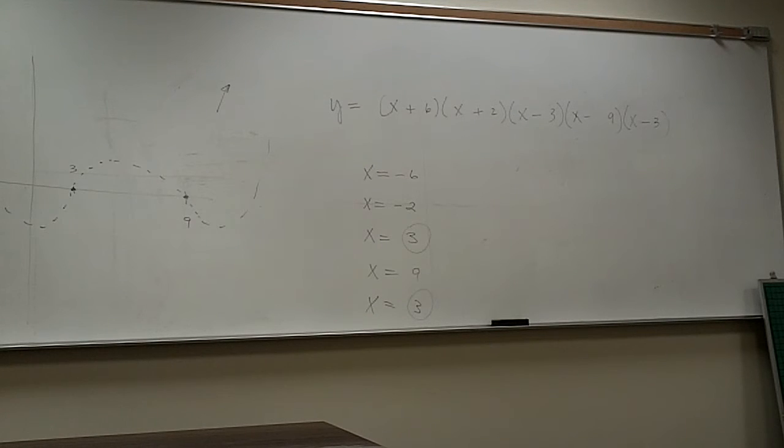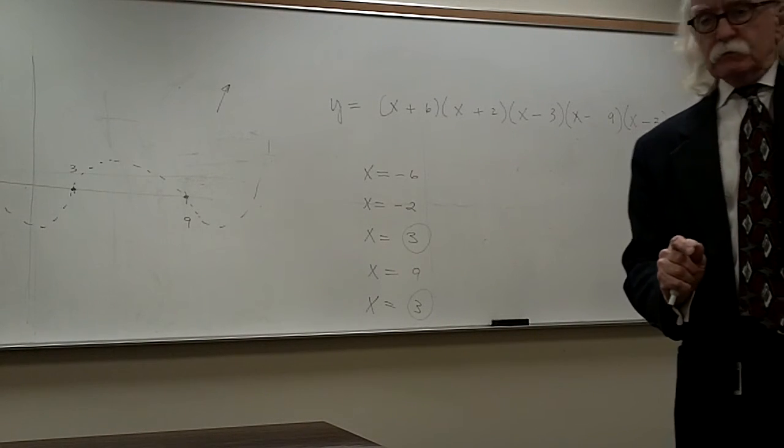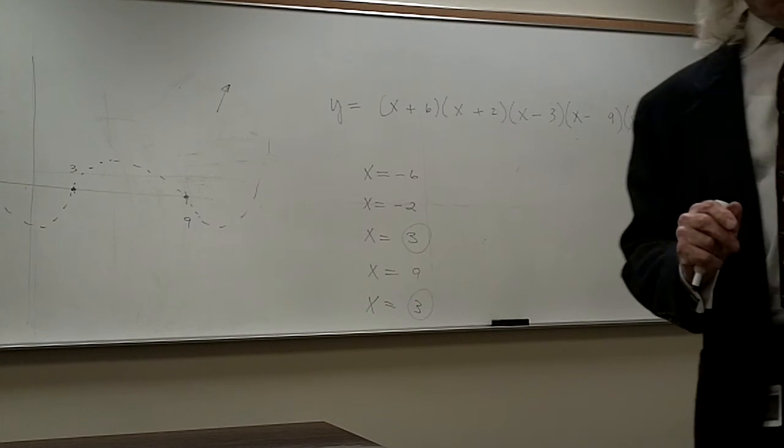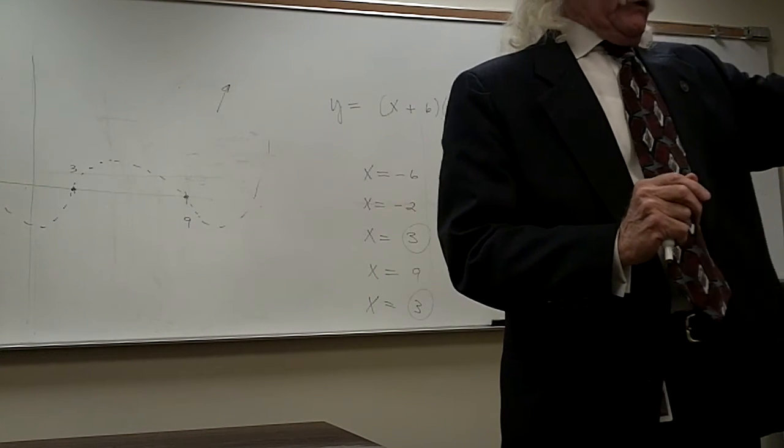Now the minus 6 is a solution of odd multiplicity because there's only one of them. The solution of minus 2 is odd multiplicity because there's just one of them. The 3 is an even multiplicity solution because there are 2, and 2 is an even number.